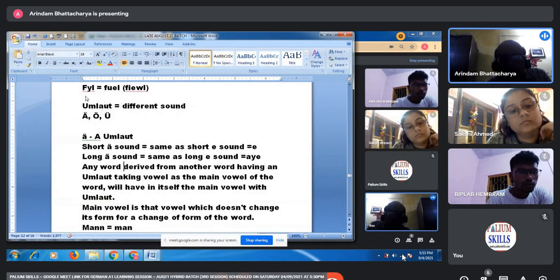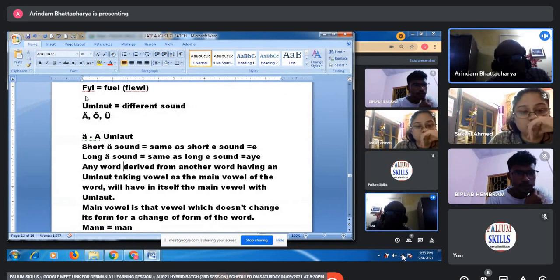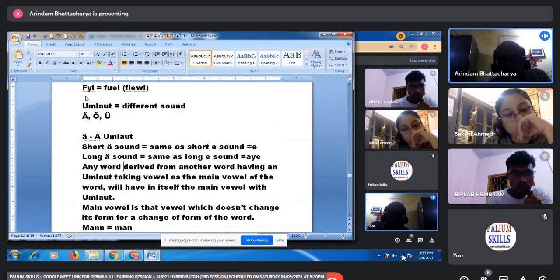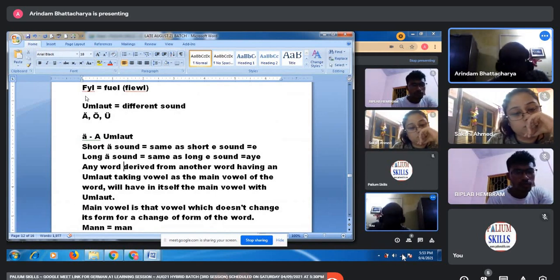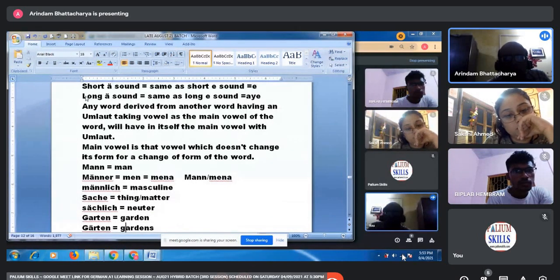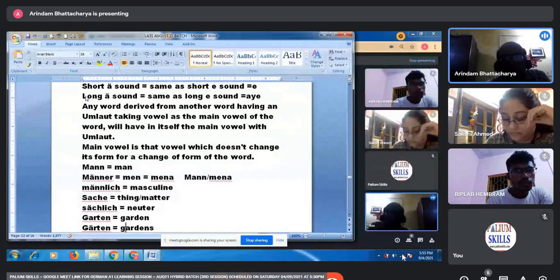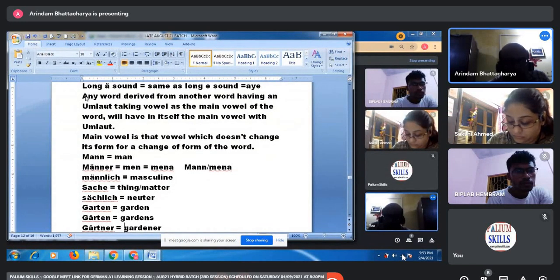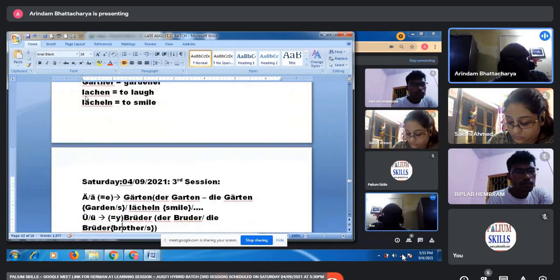Any word derived from another word having an umlaut-taking vowel as the main vowel will have in itself the main vowel with umlaut. The main vowel is that vowel which doesn't change its form when the form of the word changes.